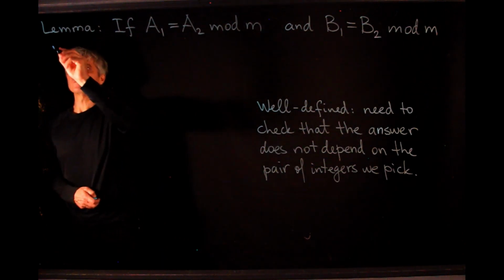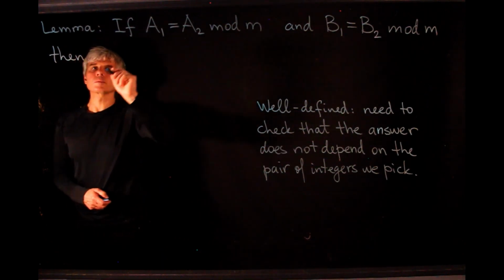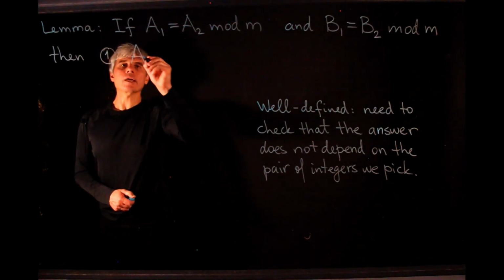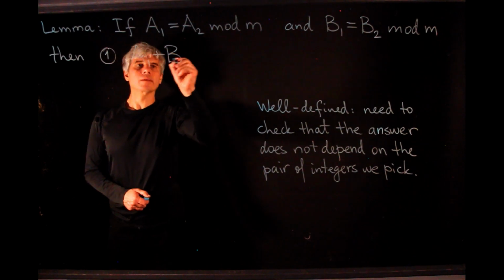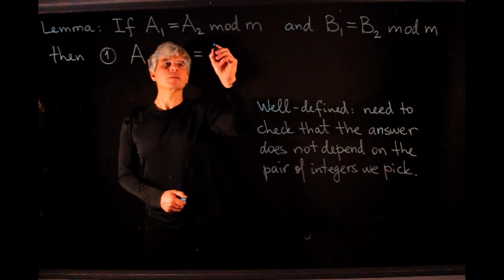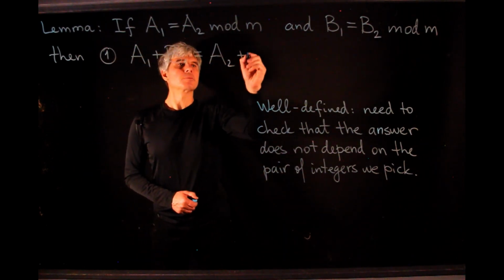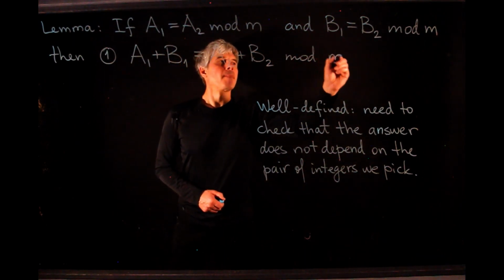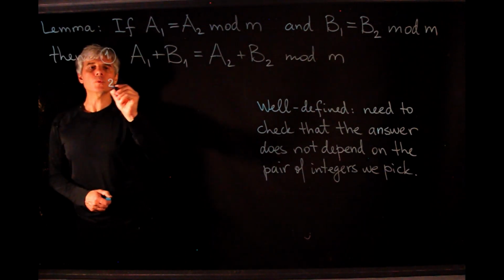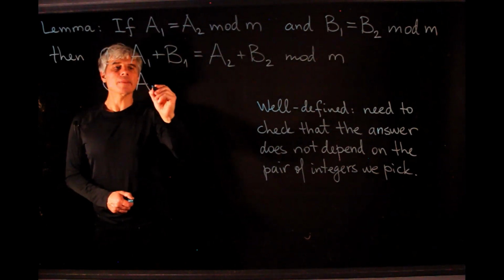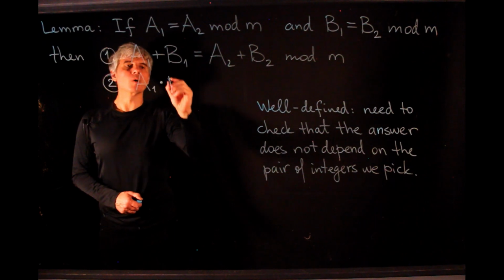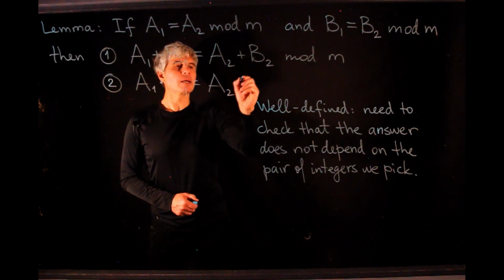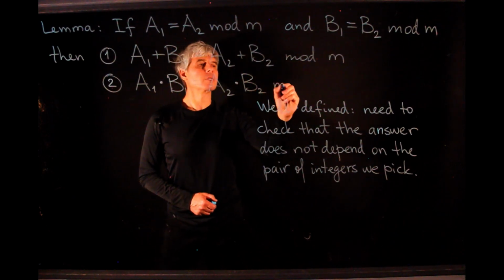then, one, A1 plus B1 has the same remainder as A2 plus B2 mod m. And two, A1 times B1 is equal to A2 times B2 mod m.